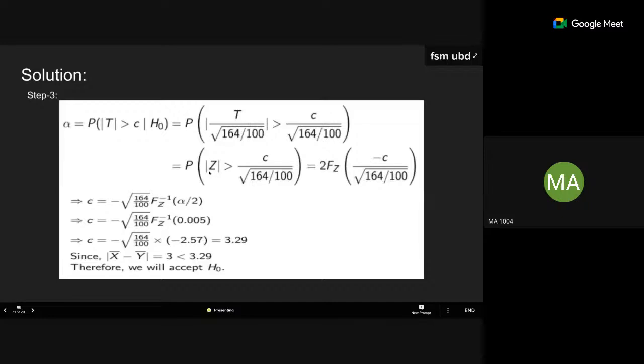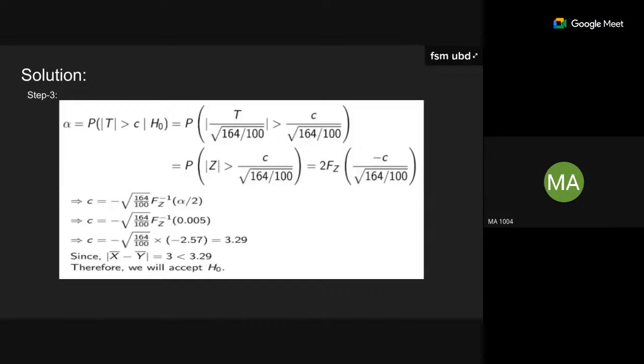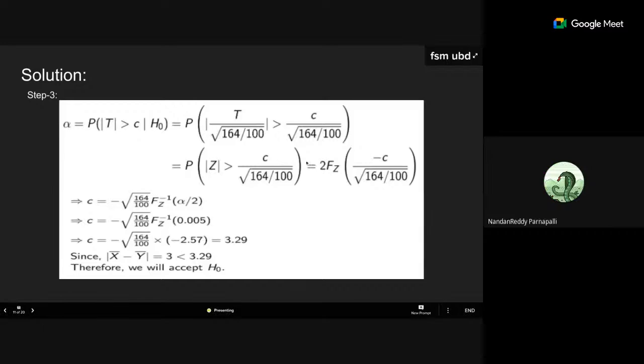So now understand how this probability that mod z is greater than c by square root 164 by 100 can be written as 2 times Fz of minus c by square root 164 by 100. If you are able to get this, then the other parts are very easy. How many of you got this? So both sides adding, right? So 2 times.